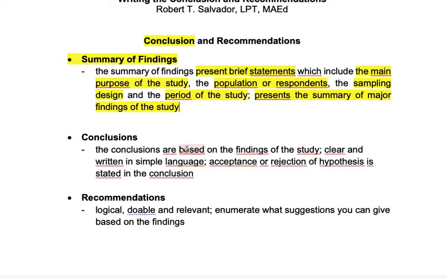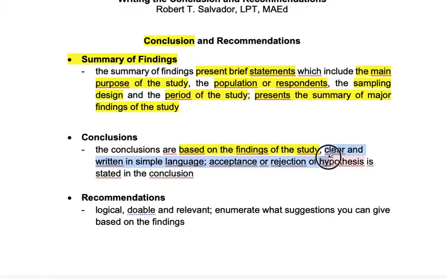Next, we transition to the most important section of the conclusion, which is the conclusions. These are based on the findings of the study. When we say conclusions, it could mean generalizations, inferences, or implications of your results.